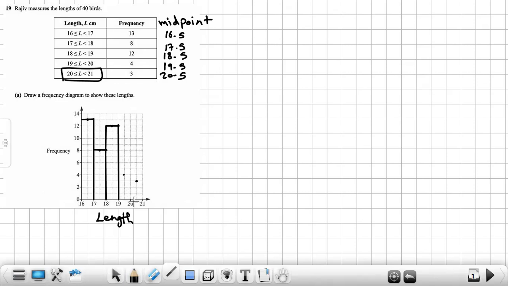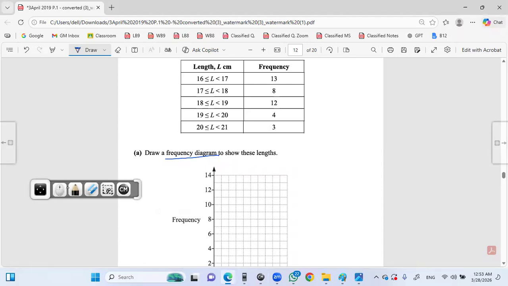It's going to be much easier with the ruler, or much easier on the computer. Here you go. This is also accepted. So it can be either a line or a bar graph. Both are accepted. All right, let's get back to this.